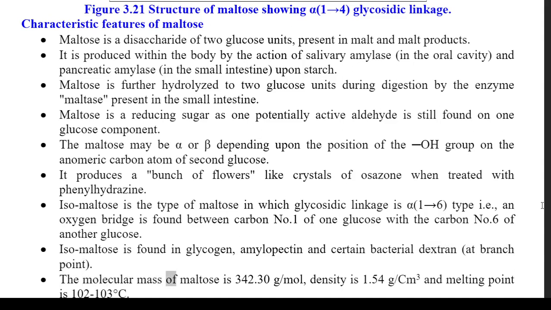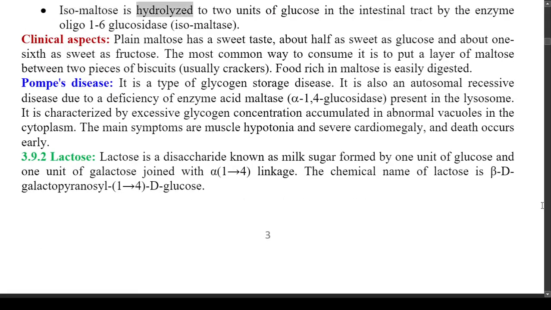The molecular mass of maltose is 342.30 g/mol, density is 1.54 g/cm3 and melting point is 102 to 103 degrees Celsius. Isomaltose is hydrolyzed to two units of glucose in the intestinal tract by the enzyme oligo-1,6-glucosidase, isomaltase.